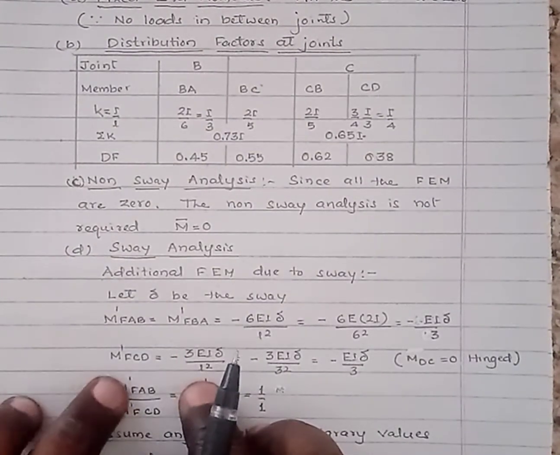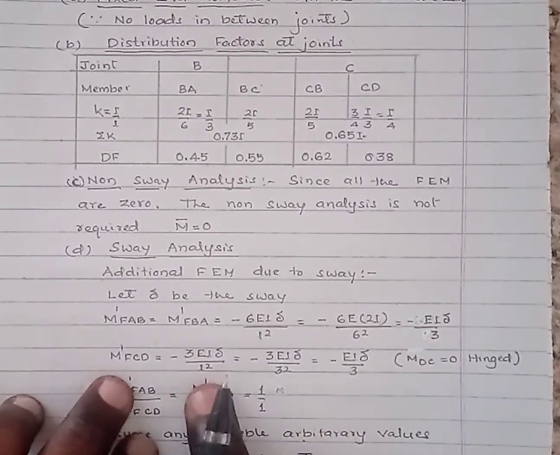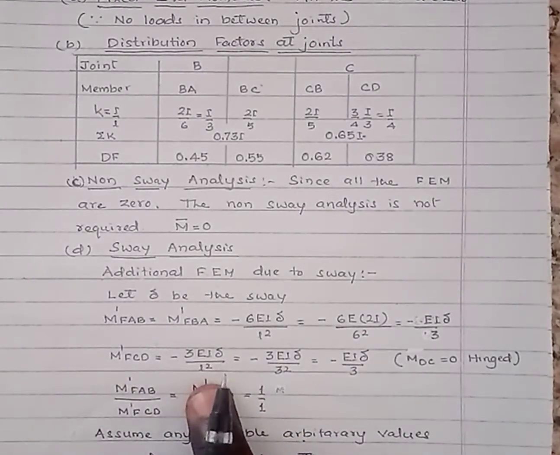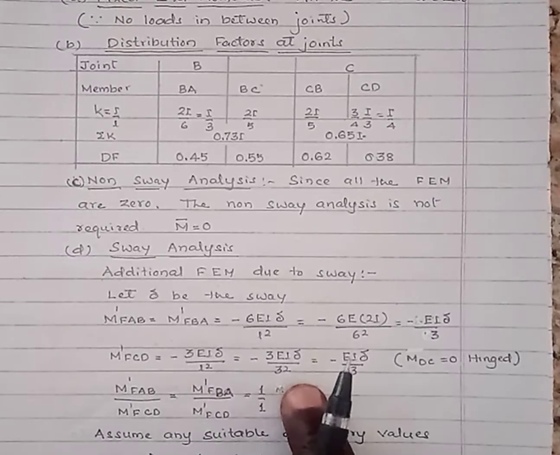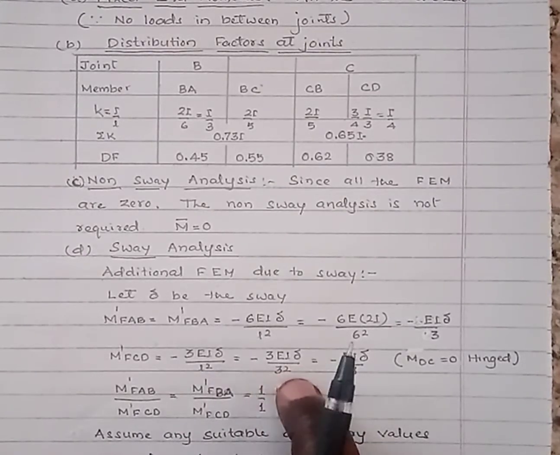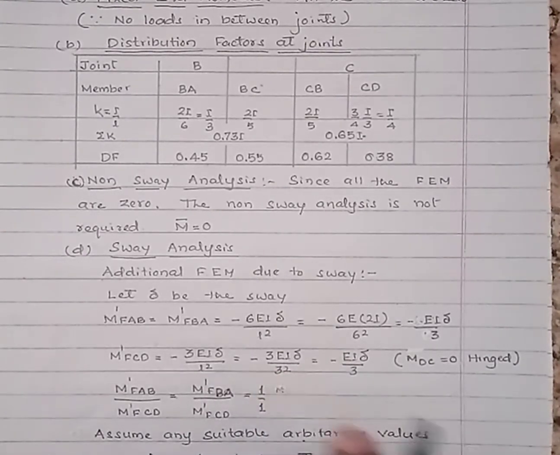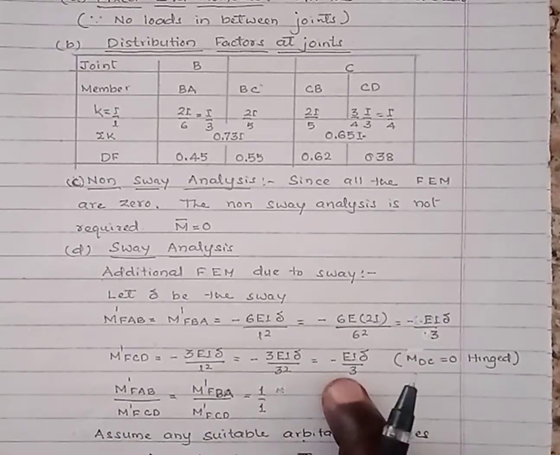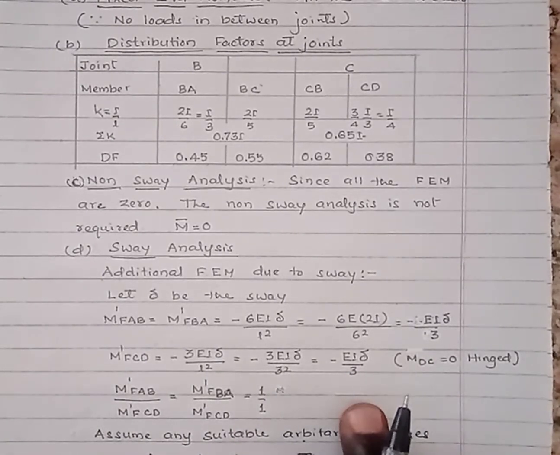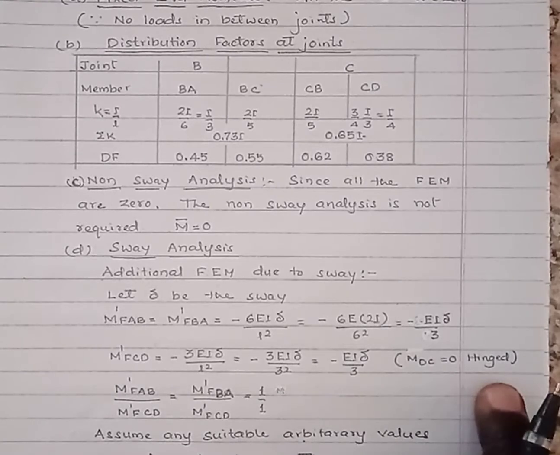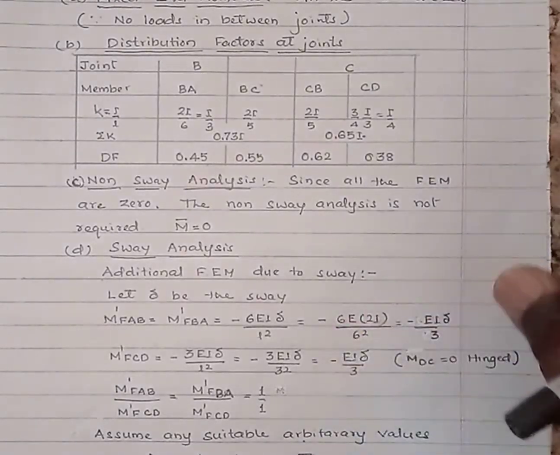Therefore, M dash FCD equals minus 3 EI delta by L square. Here minus 3 EI delta by 3 square, 3 gets cancelled, so minus EI delta by 3. M dash DC equals 0, as it is on a hinge.